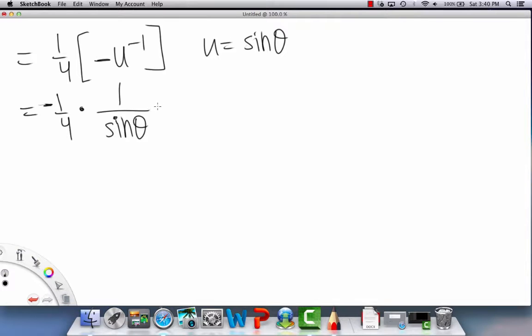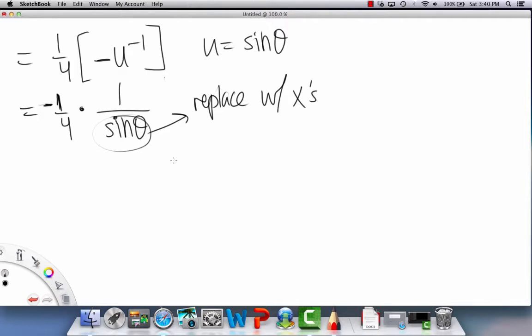Now that we have theta, we can't put in the bounds just yet, like the 1/2 to 1, because we're still in terms of theta, and the bounds that they gave us were in terms of x. We can't do that until we convert back to x's, which we will in a minute. So this sine theta, like I just said, we have to replace with x's of some sort.